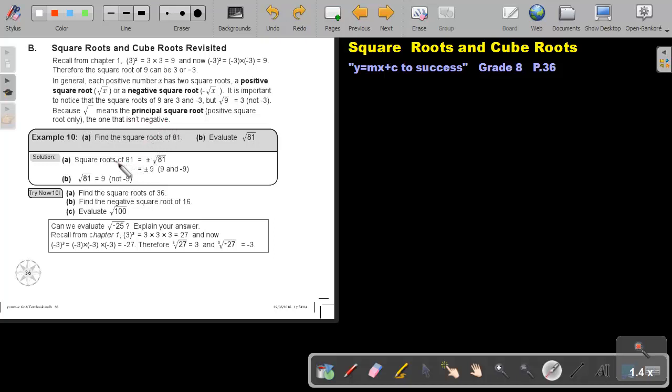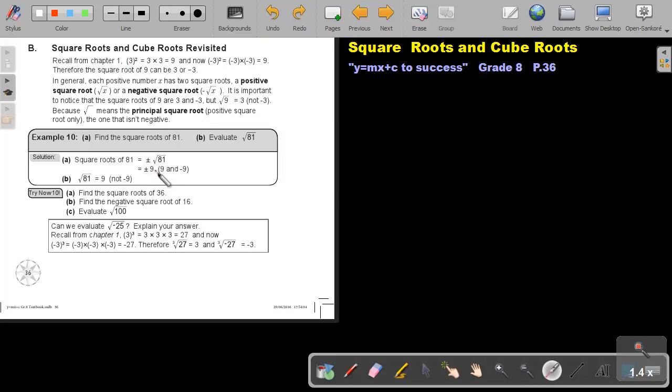I think you will understand it better if I show you the following example. Find the square roots of 81. I wrote it out in words. And then I asked you, evaluate the square root of 81. So the square root of 81 is plus and minus. Remember, it was a positive as well as a negative square root of 81.